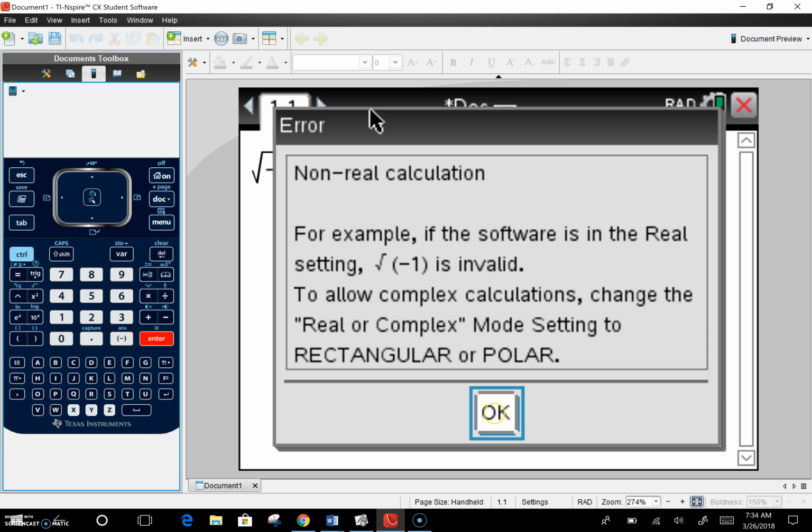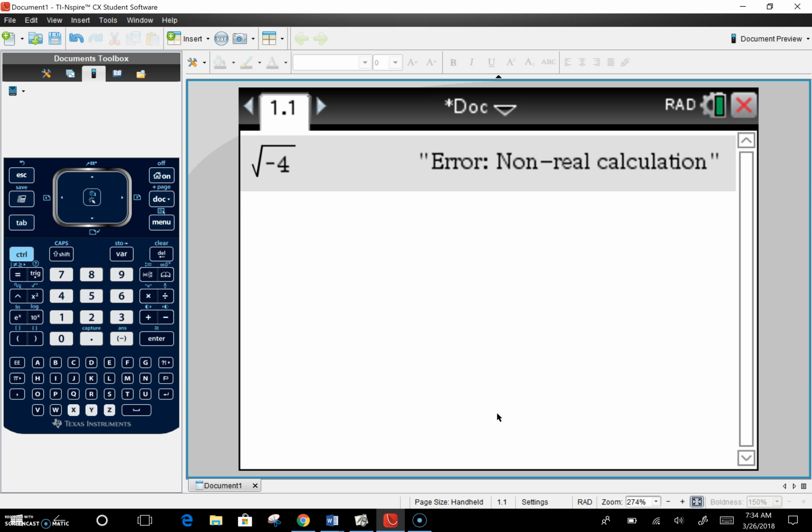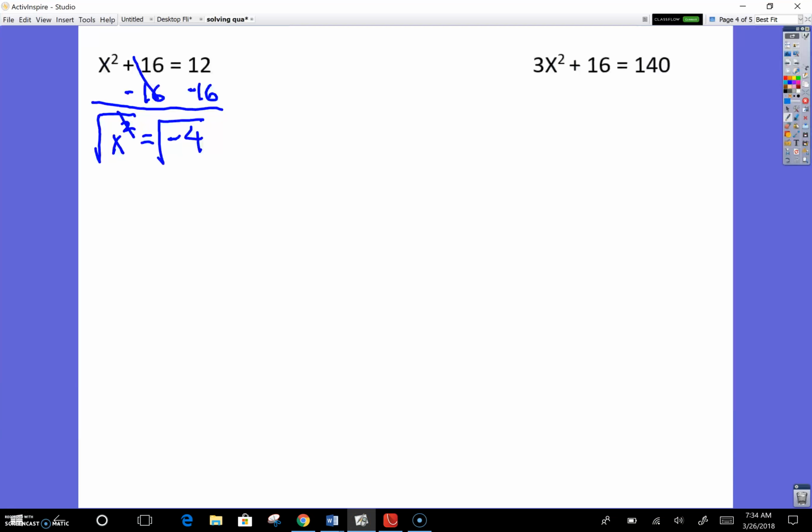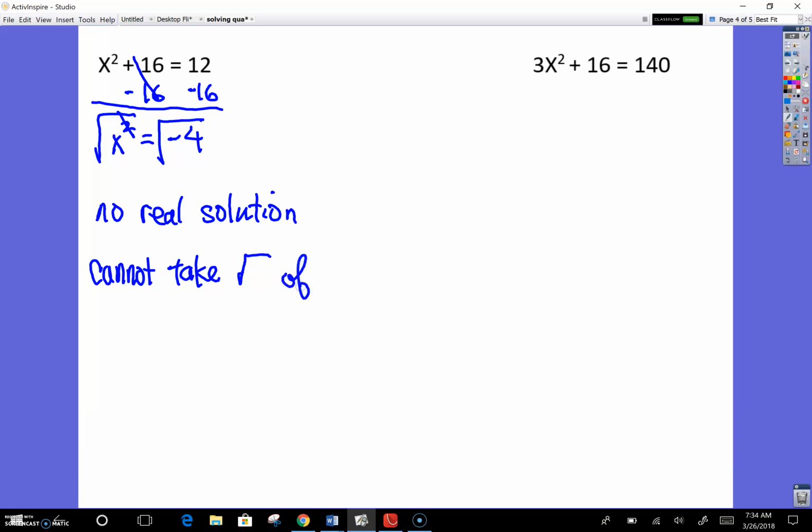So our answer is going to be no real solution, because you cannot take the square root of a negative number. So whenever you get a negative there, the answer is going to be no real solution. Try this next one on your own.